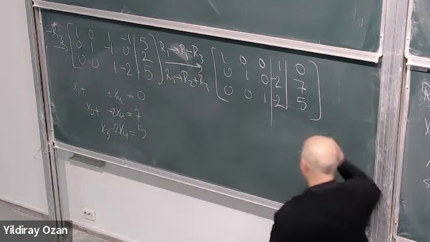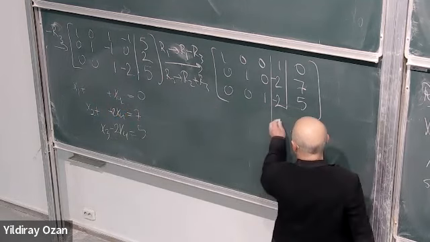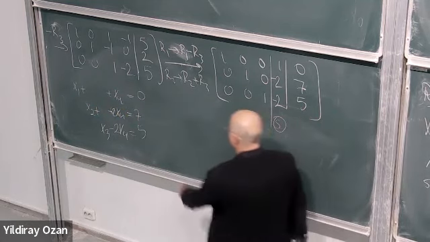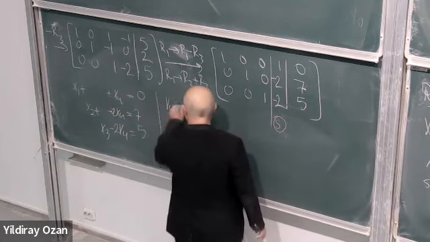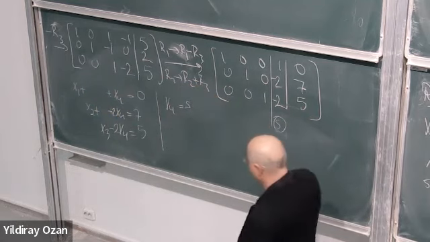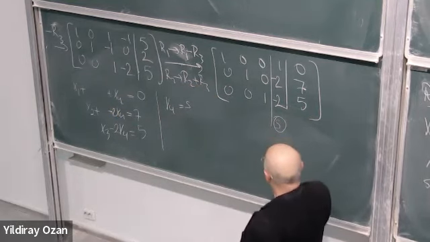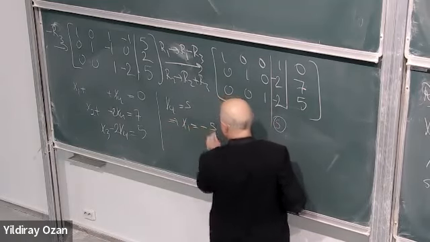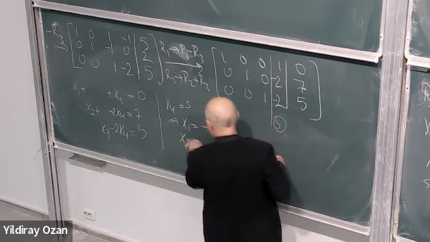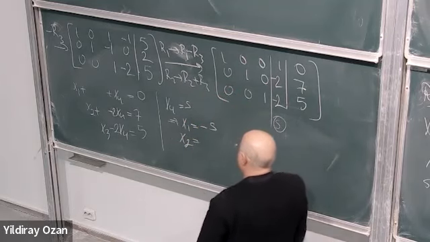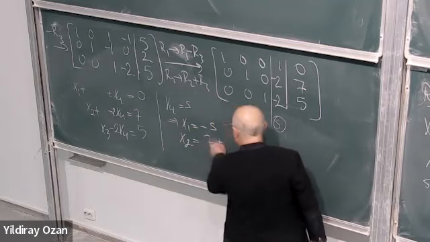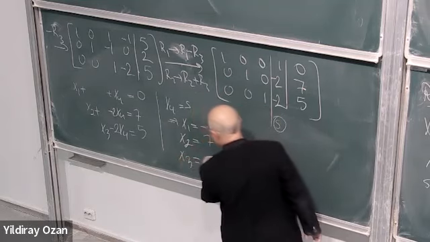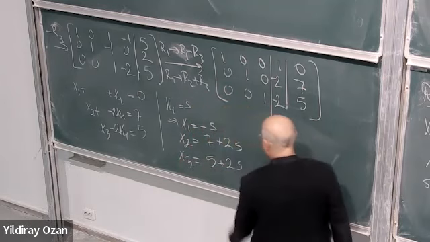So my free variable is only this one. Let's call it S, for example. So if I let x4 equals S, then x1 becomes minus S, x2 becomes 7 plus 2s, and x3 becomes 5 plus 2s, right?